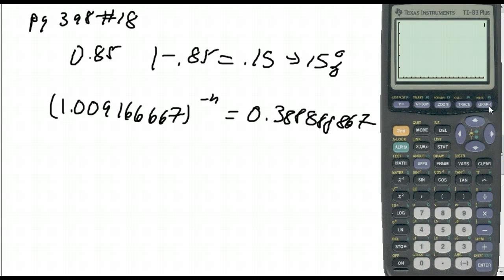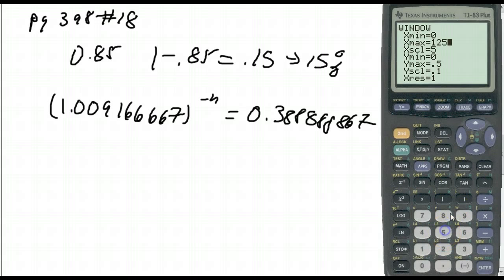Graph that. Okay, so there's just the beginnings of it. So we're going to go out a little bit further than 100. Doesn't look like we have much further to go. Let's try 125. And here we go. I think we should get a good value here.